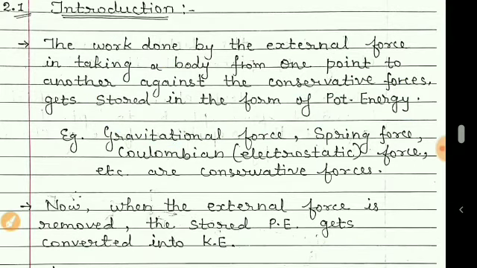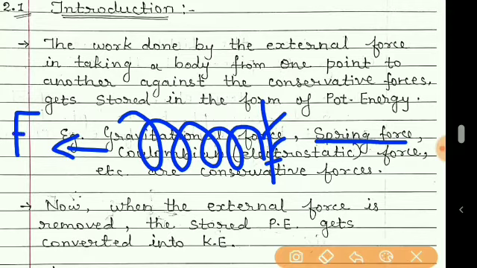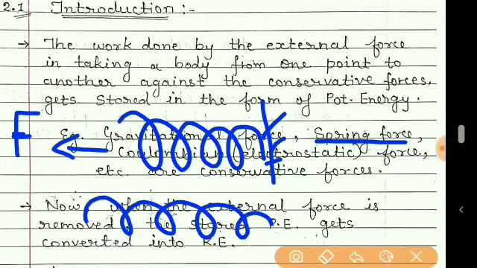As an example, we know that if we want to stretch a spring, then we have to apply an external force. Here we can say if this is a spring in its original condition, I have to apply an external force to change the configuration or the length of the spring.